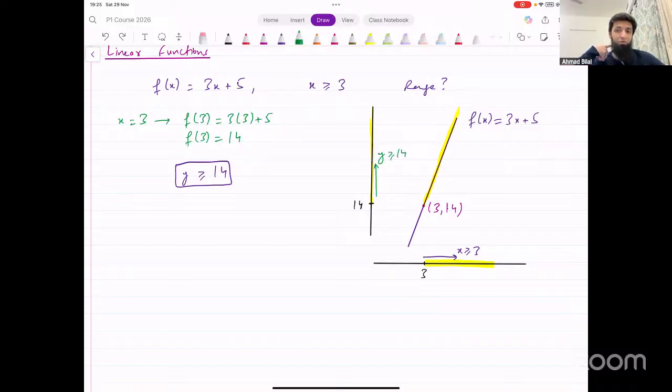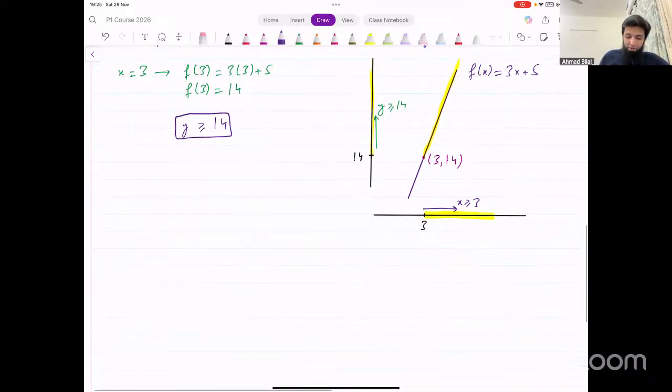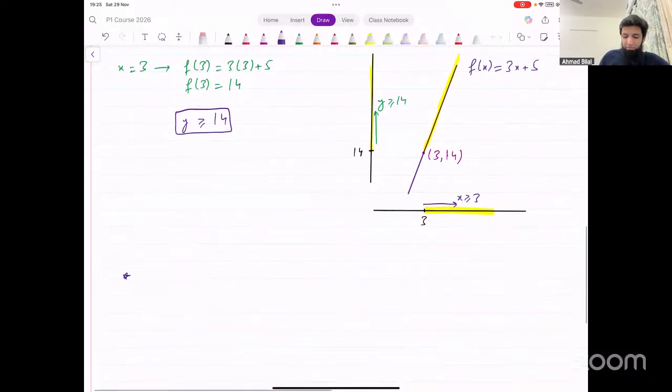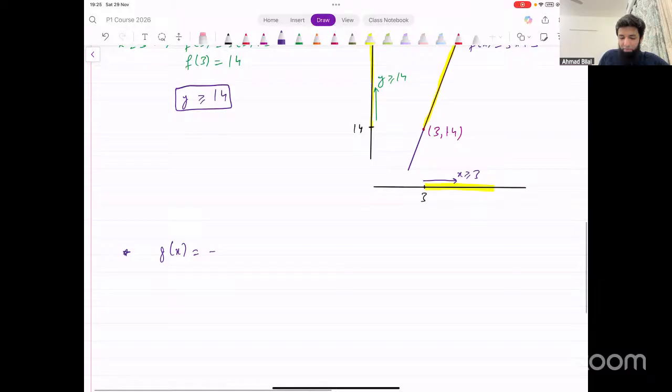Okay. Now you might think, is it really necessary? Why are we drawing this graph? Could we just not write down the range directly? Well, let's take another example, and that might help you understand why this is important. Let me write down another function here. Let's say I've got another function g of x, and that is equal to minus 2x plus 3.